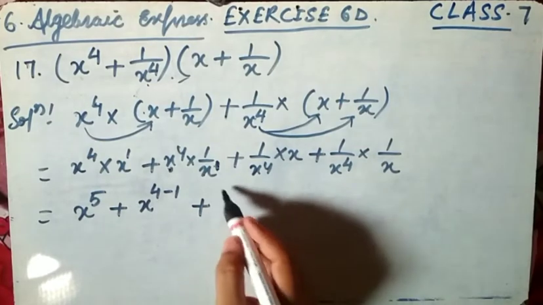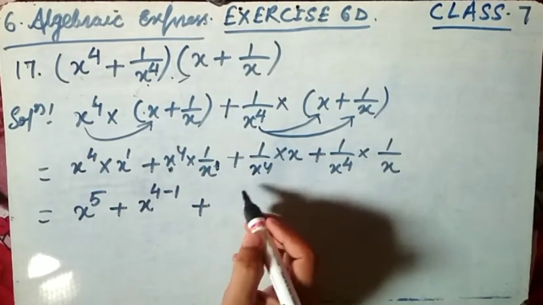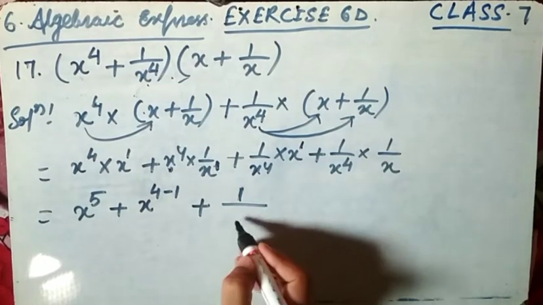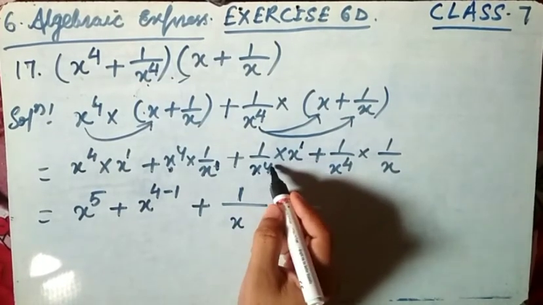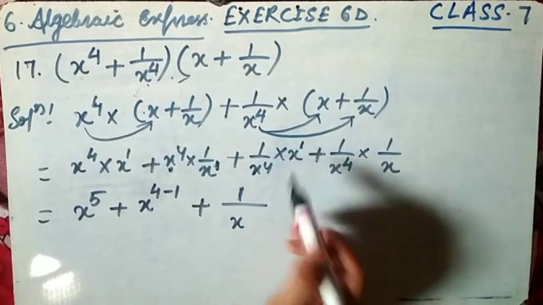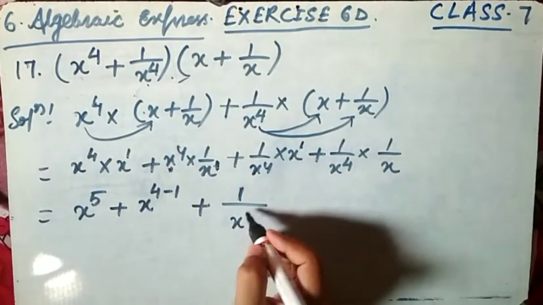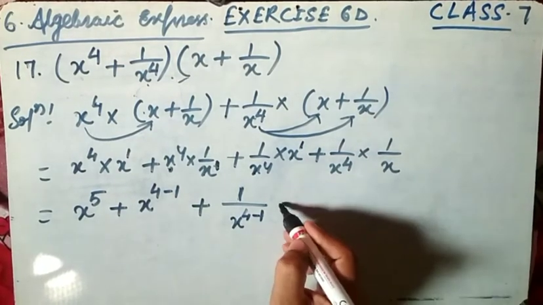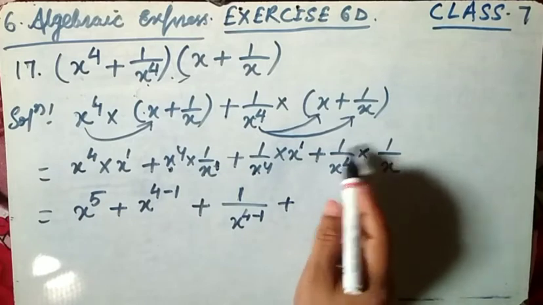Now this is plus 1, because the 1 is hidden. The bases are the same, so write the single base in the denominator, because this x is going downwards, and 4 stays as it is, with a minus 1. Here is the plus, and 1 multiplied by 1.